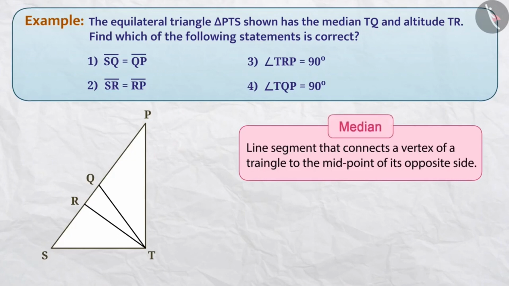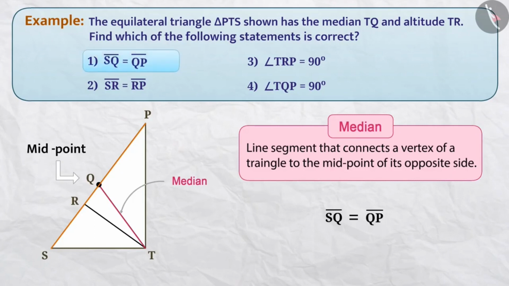Since the line segment TQ is the median here, we can say that point Q is the midpoint of the side SP. That is, SQ is equal to QP. You can see SQ is equal to QP is given explicitly in the first statement, so we can say that the first option is correct.